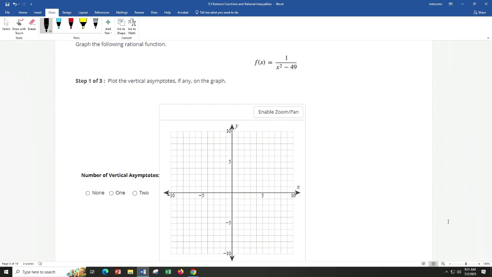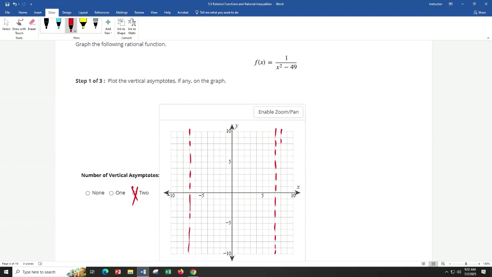So that's gonna turn into x plus 7, x minus 7. So x can't equal 7, and very good. So notice, come over here. I'm gonna have an asymptote there, and right here, asymptote there. I would put down 2, and then literally you go there with your cursor, click, and it'll draw a straight line for you.